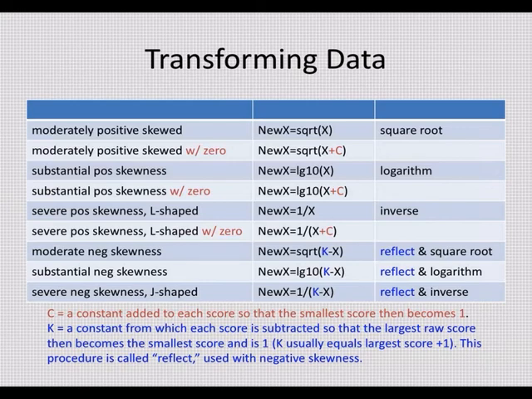If we're dealing with negative skewness, we would first reflect and then do the square root, or first reflect and do the log, or first reflect and do the inverse. The reflect process is to pick a value, k. The k is usually the largest score plus 1, and then use k minus the score to get the new score. Okay, and I'll demonstrate that with you.